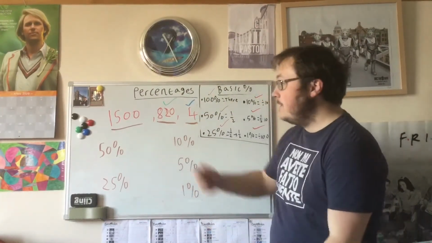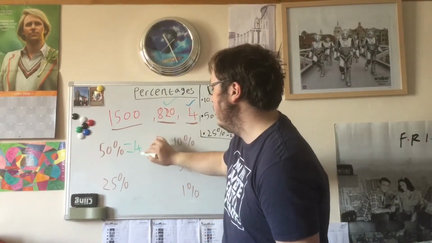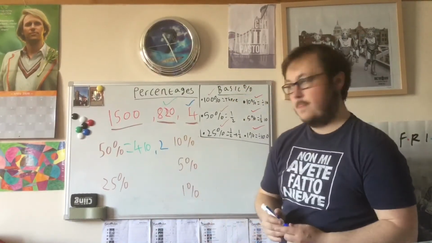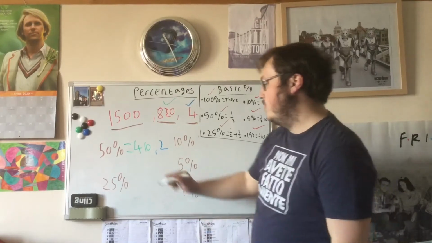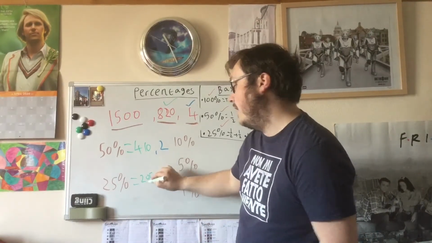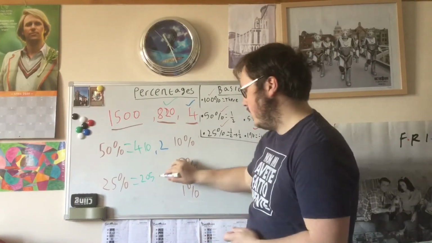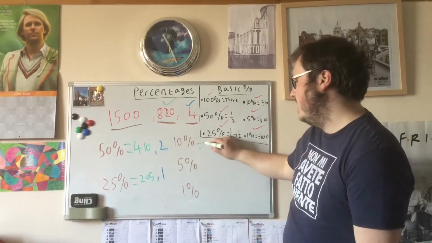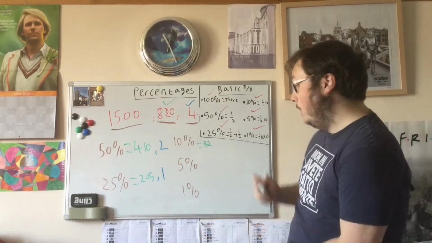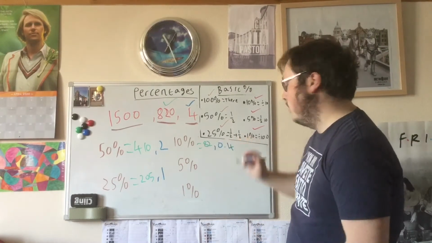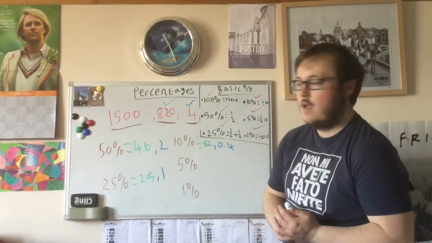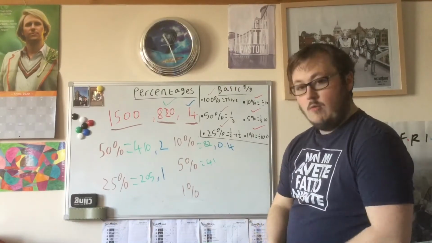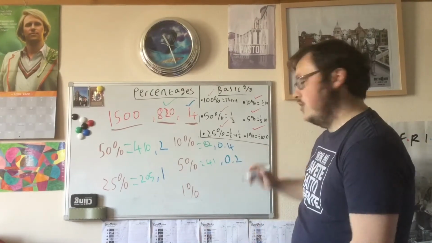So let's do it. 50% of 820 is 410, while for 4 it's 2. 25% of 820 is 205, while for 4 it's 1. 10% of 820 is 82, while for 4 it's 0.4, because we're dividing it by 10. 5% of 820 is 41, while for 4 it's 0.2.